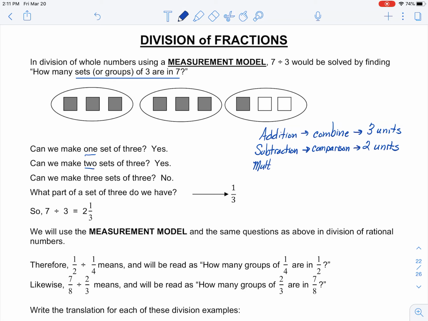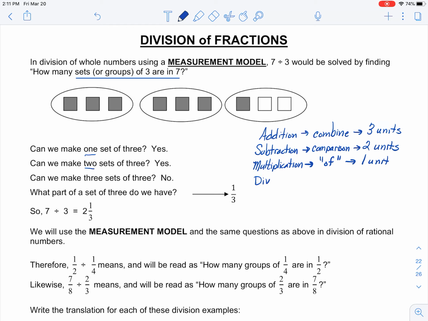For multiplication, we're going to be using the idea of "of," and so we only need 1 unit. We draw the second fraction first and then mark off a certain part of that second fraction.